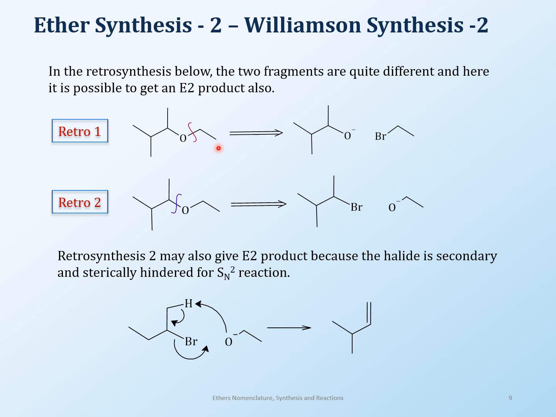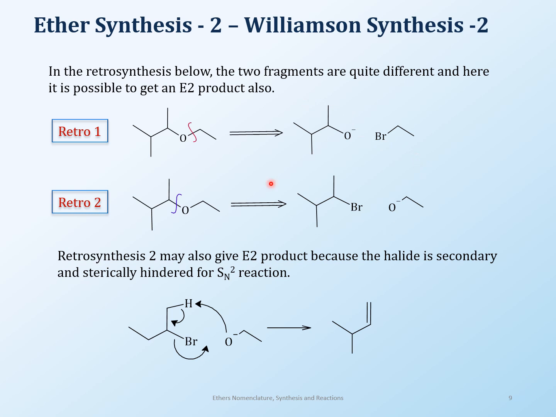But where you have asymmetric ethers, you will always have two choices. If you cleave on the right-hand side, then the left-hand side is the nucleophile and the right-hand one is the alkyl halide, the substrate. In the second case, if you cleave on the left-hand side, then your halide is on the left one and the right-hand is the oxide, the nucleophile.